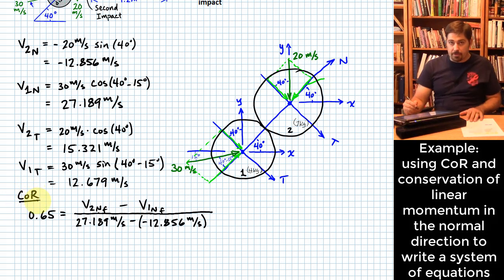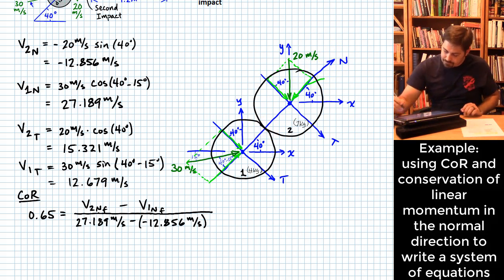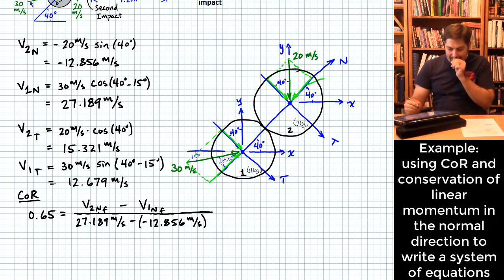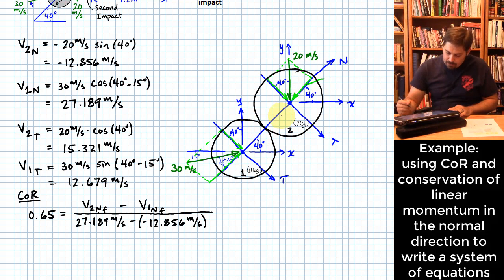What's our other principle that we can use here? Our other principle is that as this interaction takes place, the momentum in that normal direction is conserved. What do we mean by that? We add up all of our momentum in the normal direction.